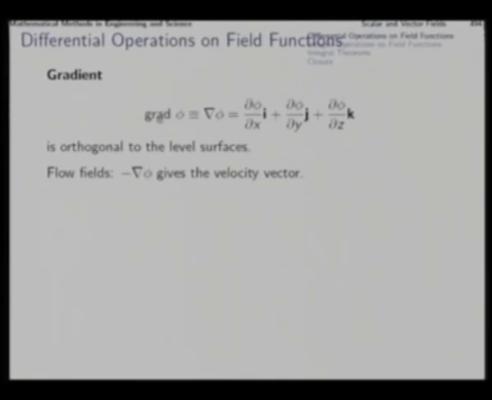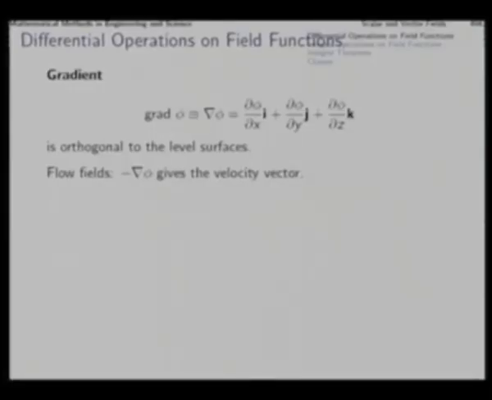That is the gradient, quite often denoted as grad phi or simply del phi like this. If you apply that del operator term by term on phi, then you get this, and this is the gradient vector. This gradient has the same meaning as the gradient which we discussed in the previous lecture.